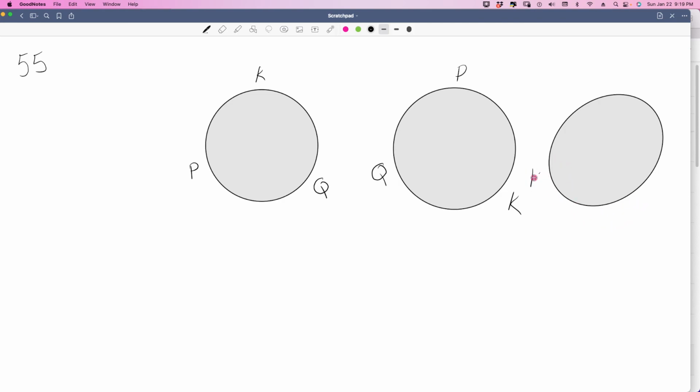Well, then if the king is here and the queen is here and the prince is here, they're still in the order of king, queen, prince, king, queen, prince, king, queen, prince, and back to king. So it's the same. Those first 3 permutations are really the same thing if we are considering circular permutations.